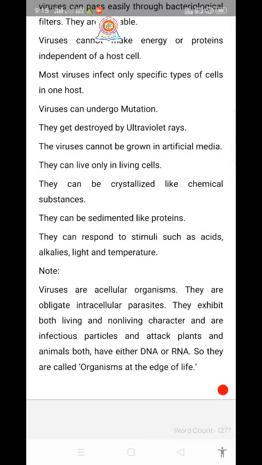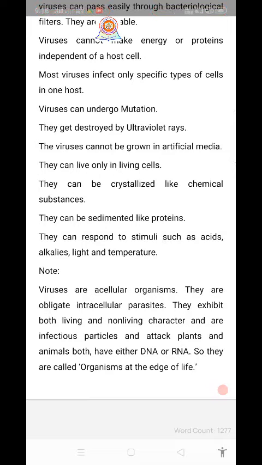So viruses are nucleoproteinous acellular organisms. They can live only in the living cells. So they are obligate parasites, intracellular parasites.